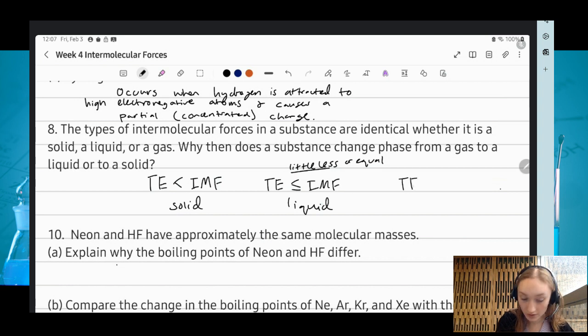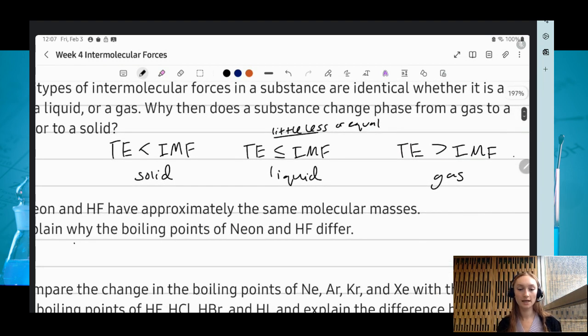And you might be able to assume here, if the thermal energy is a lot higher than the intermolecular forces, then it creates a gas. So these are the three different ranges that will have a substance change phase in the first place.